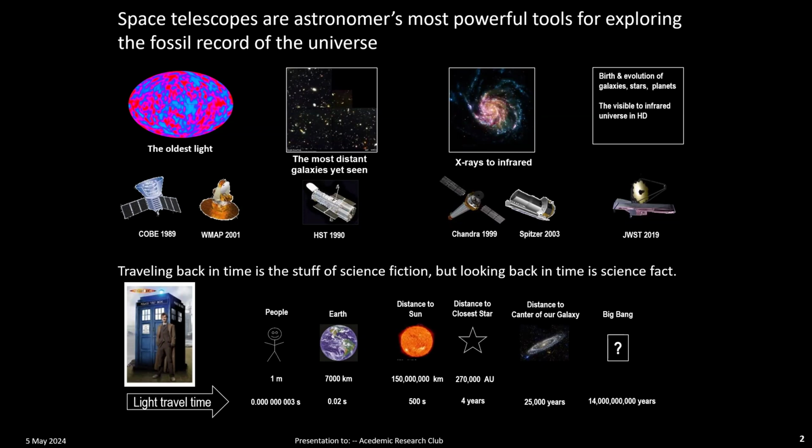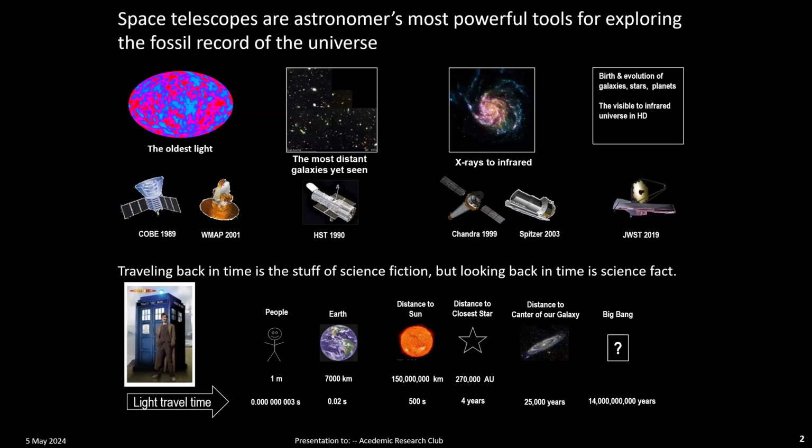For example, if we had a magic switch that could turn off the sun and we flip that switch, it would be 500 seconds before we saw anything happen. Why? Because it takes light 500 seconds to travel from the sun to the earth. So when we look at the sun, we're not seeing it as it is, we're seeing it as it was 500 seconds ago.